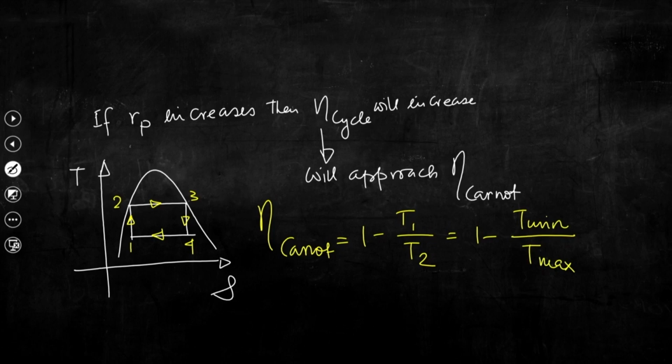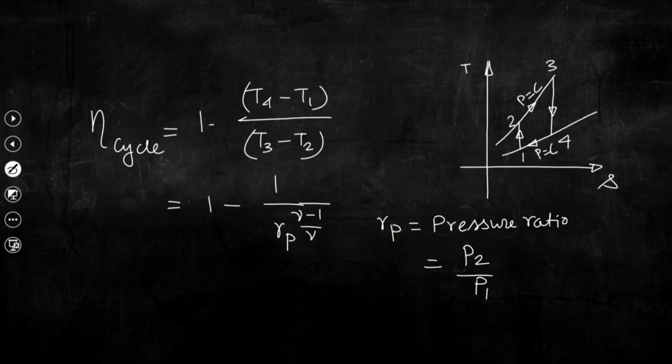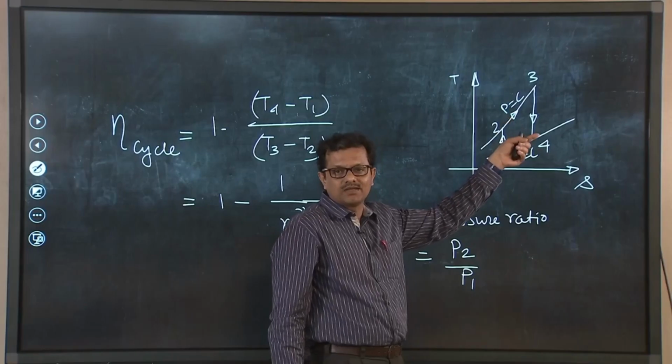Now, if we compare the cycle efficiency of the Brayton cycle, if we increase the pressure ratio, then certainly P2 will increase, and this in a way attempts to increase the mean temperature of heat addition 2 to 3, the constant pressure heat addition, which basically mimics the combustion process.